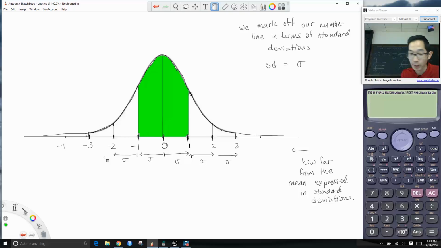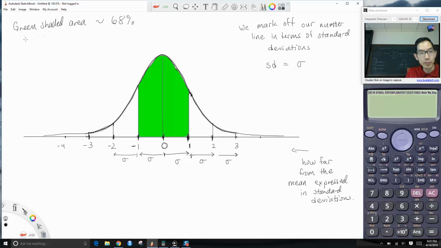So if we go 1 standard deviation above and 1 standard deviation below, the green shaded area is about 68%, so a little over 2/3.